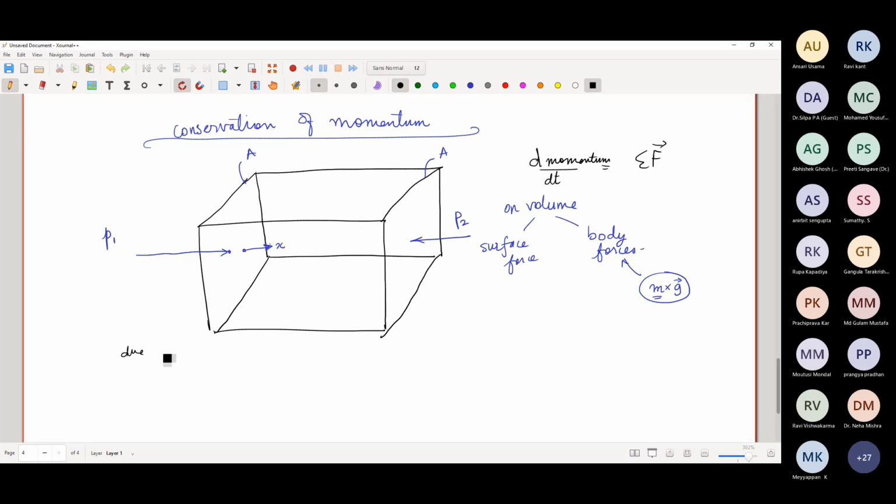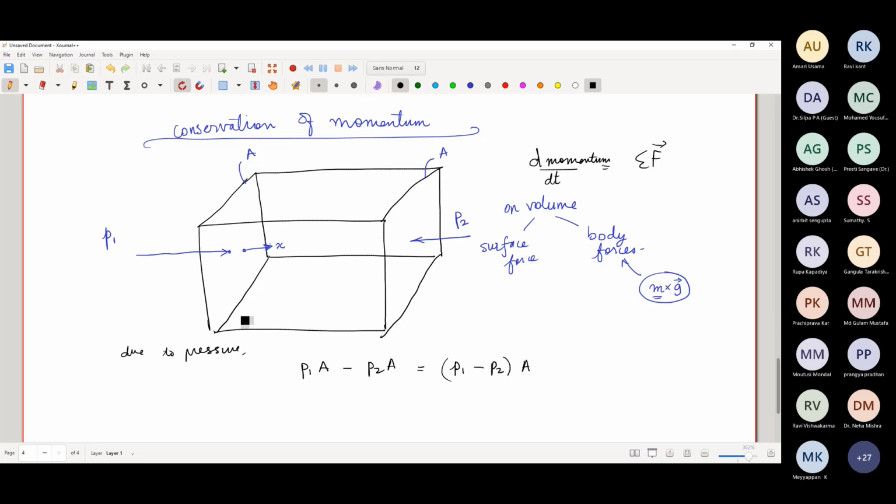P1 minus P2. The total force in the x direction will be P1 times A minus P2 times A, right? And this will be P1 minus P2 times A.